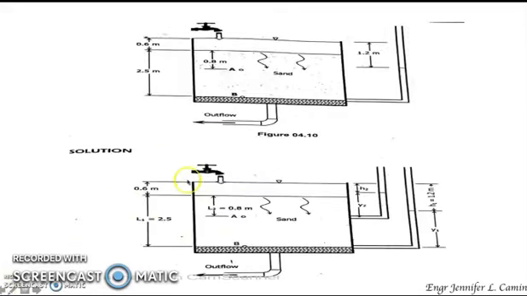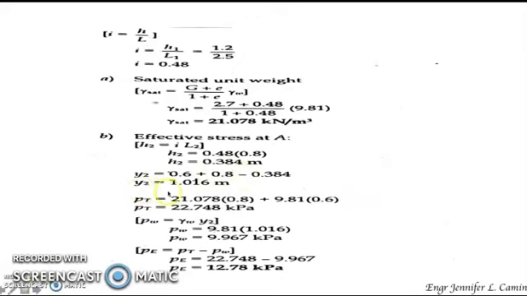So h2 is 0.48 times 0.8, which is 0.384 meters. Our y sub 2 is then 0.6 plus 0.8 minus h2, which is 1.0116 meters.